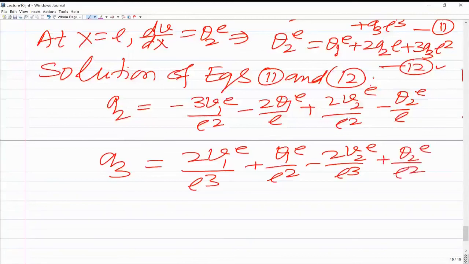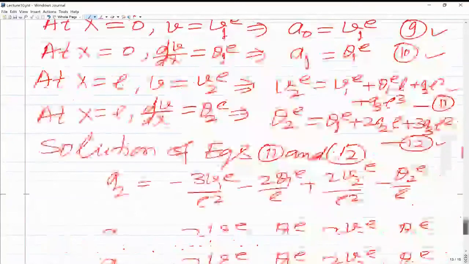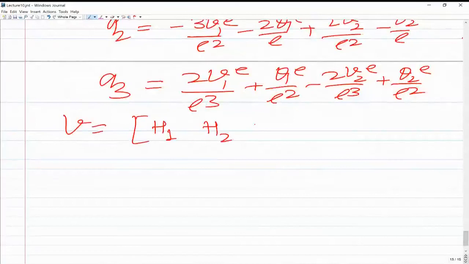Now once we have got a0, a1, a2, a3 in terms of v1e, theta 1e, v2e, theta 2e, we put all these values of a0, a1, a2, a3 in this expression, and then collect the coefficients of v1e, theta 1e, v2e, theta 2e, and those coefficients are known as shape functions. Then ultimately you would be able to write v in terms of shape functions, and these are known as Hermite shape functions, so I am denoting them by h.